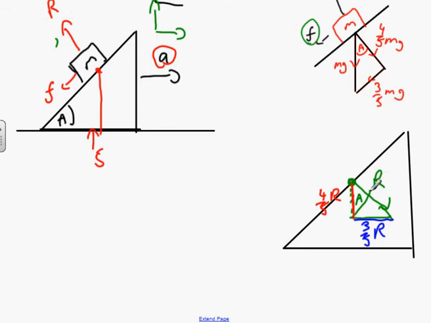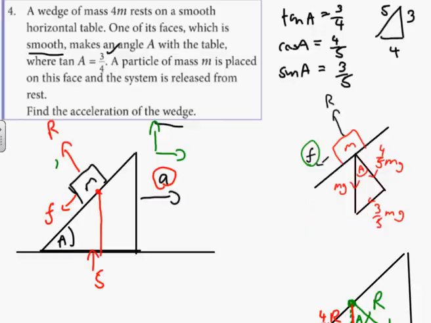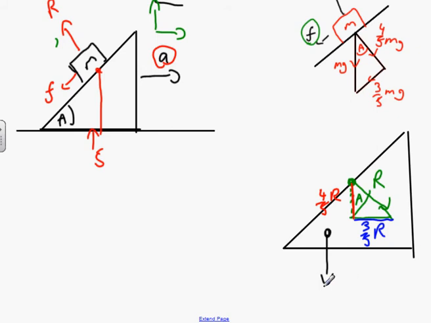Now, I've left out other forces at play. Can anybody tell me a force that goes directly down? Usually from the centre, but the centre is occupied at the moment. Here it is here, 4m. So what goes directly down? 4mg. Something that goes directly up. A letter of your choosing.